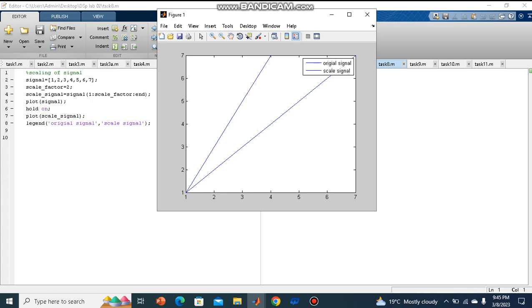One is shown as the original signal and the other as the scaled signal. Since these two signals are the same color, we cannot differentiate between them, but if we have two different colors, we can differentiate between them easily.